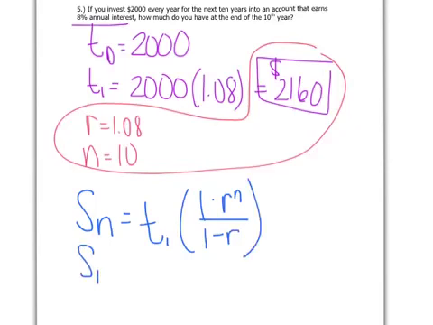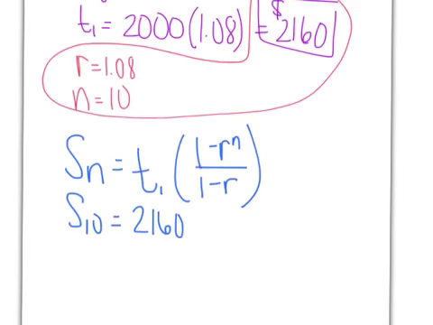So we're finding S sub 10. We discussed that our first term is 2,160, times 1 minus 1.08 to the 10th over 1 minus 1.08.